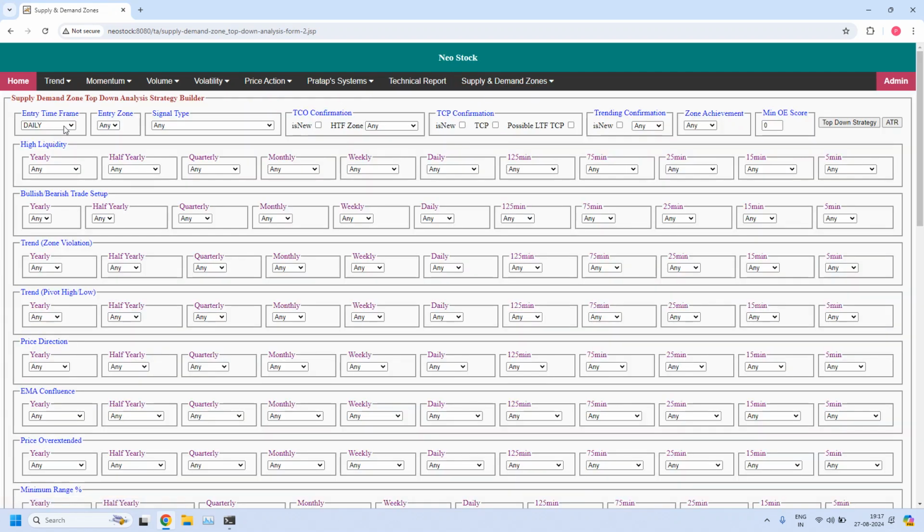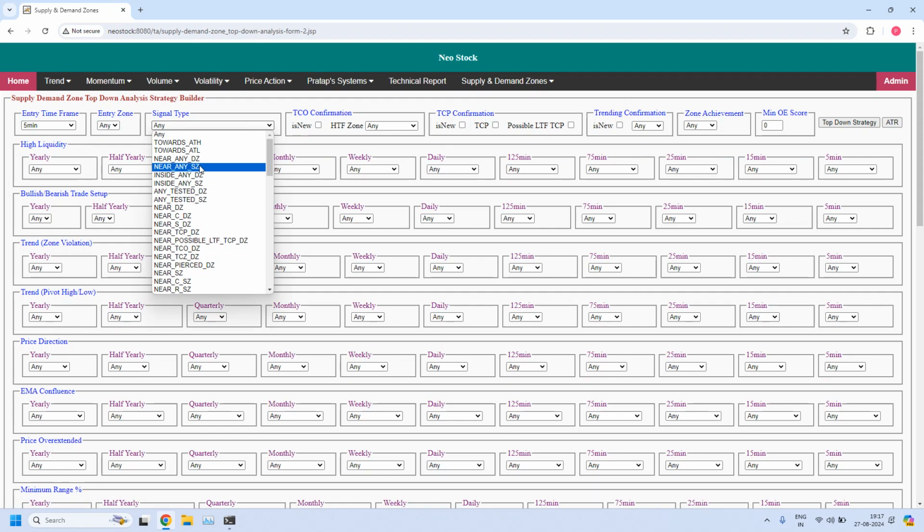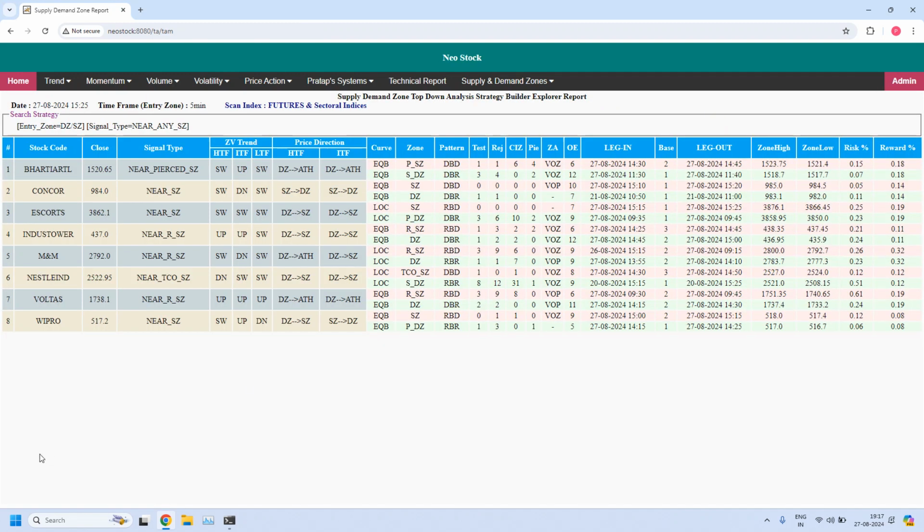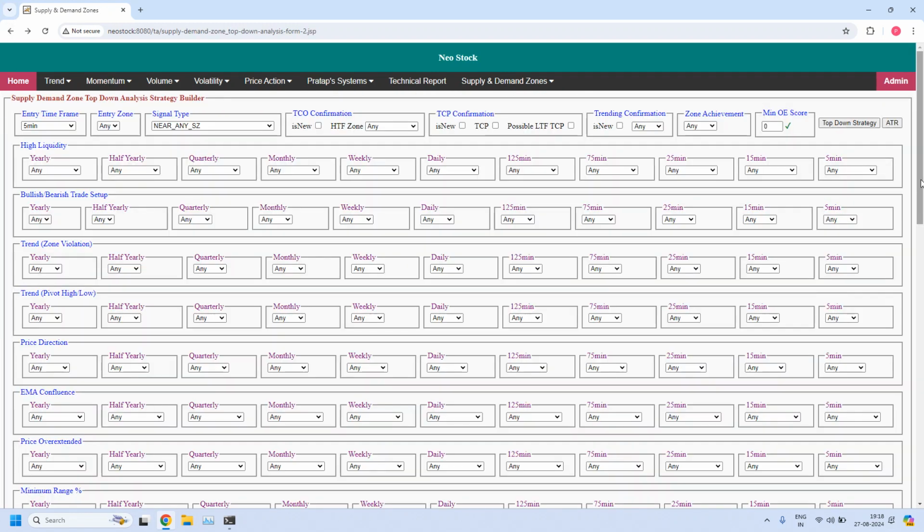The next report for 5 minutes time frame, let us find the stocks near 5 minutes supply zone. So currently 8 stocks are filtered near to the 5 minute supply zone. Now let's verify any of these zones are having confluence with ITF time frame. That is 5 minutes and 15 minutes supply zone confluence.